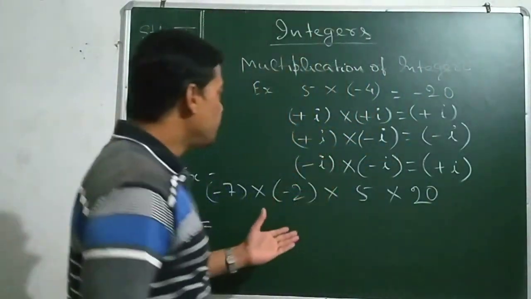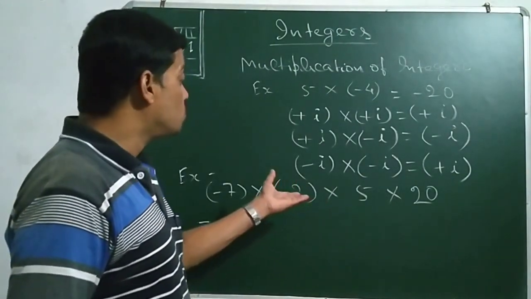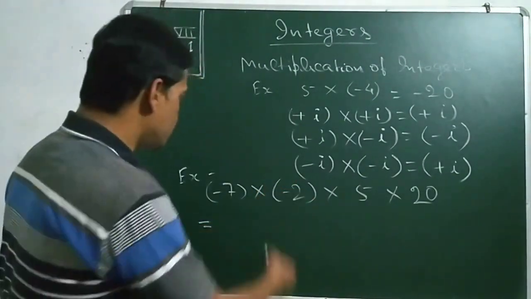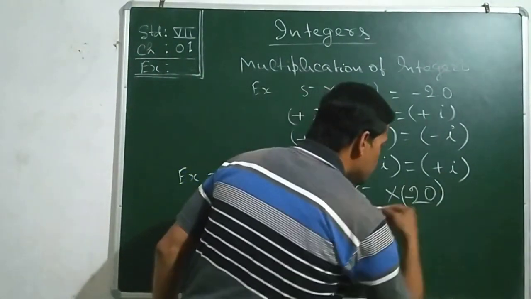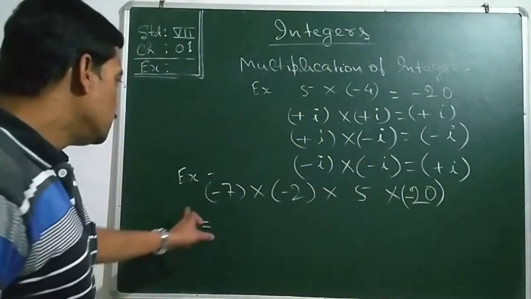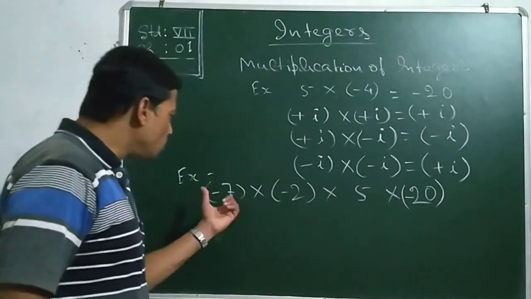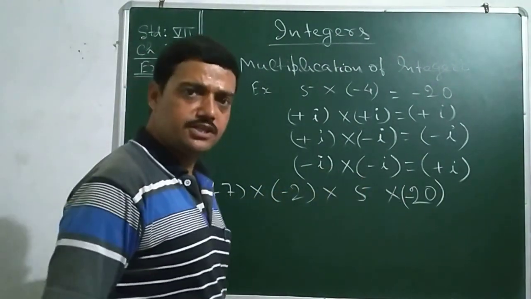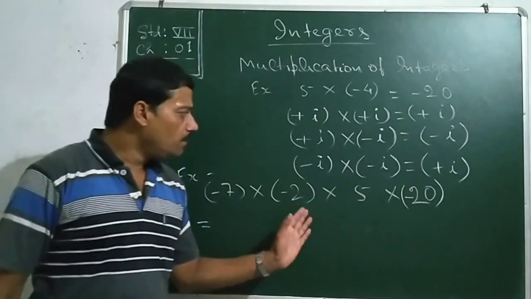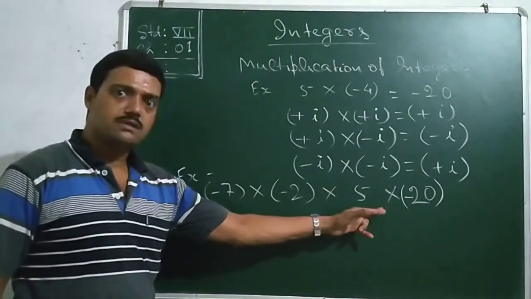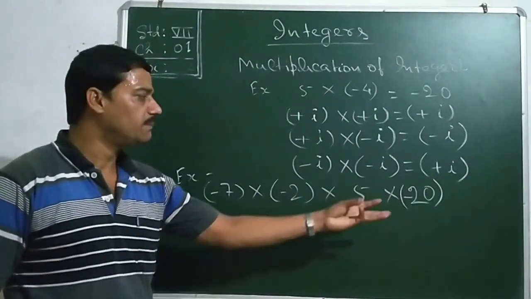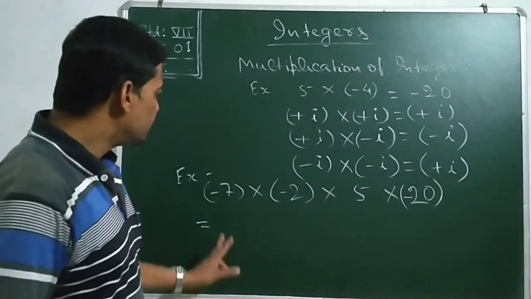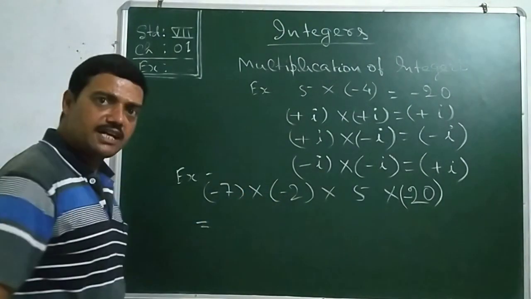Whenever we get more than two negative integers, let us make one more negative integer, then the situation will be clarified. Three negative integers. Only count the number of negative integers. If the number of negative integers is odd, 1, 3, 5, 7, 9, like that, then the sign will appear as negative.